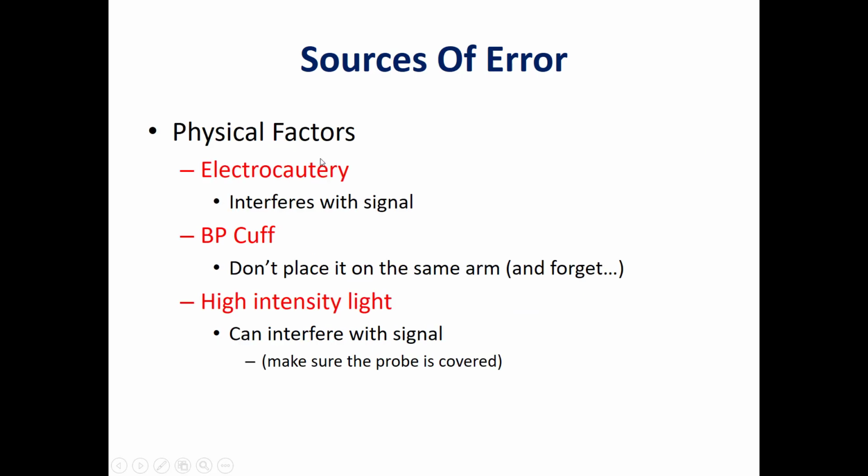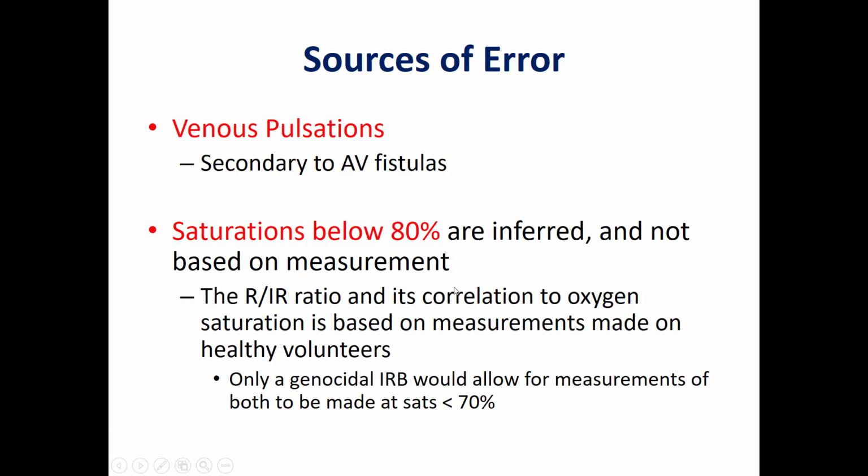Physical factors which could also affect the signal of the pulse oximeter include the use of an electrosurgical unit, the use of a non-invasive blood pressure cuff, which will squeeze the blood vessels, and the high intensity light in surgical units.